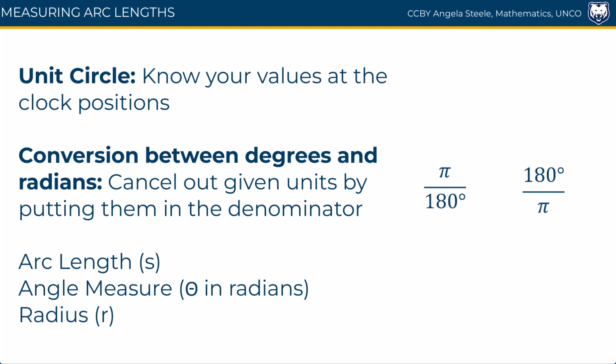And the letters that we use is arc length is S, the angle measure is theta. Remember, the angle measure must always be in radians for this relationship to work. And then R for radius. Okay, and then these right here are the three relationships. All right, that is the end of video 7.3.